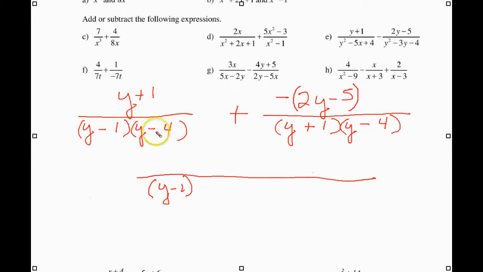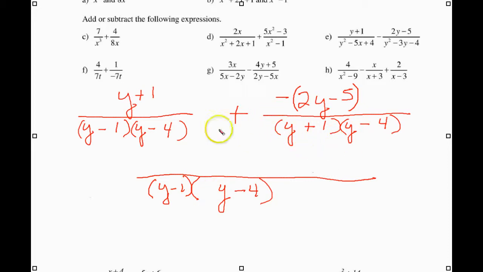What's the greatest number of times that y minus 4 is used in any one factorization? Well, here it's used once, and here it's used once. So it's used once, so I need one of them, y minus 4.